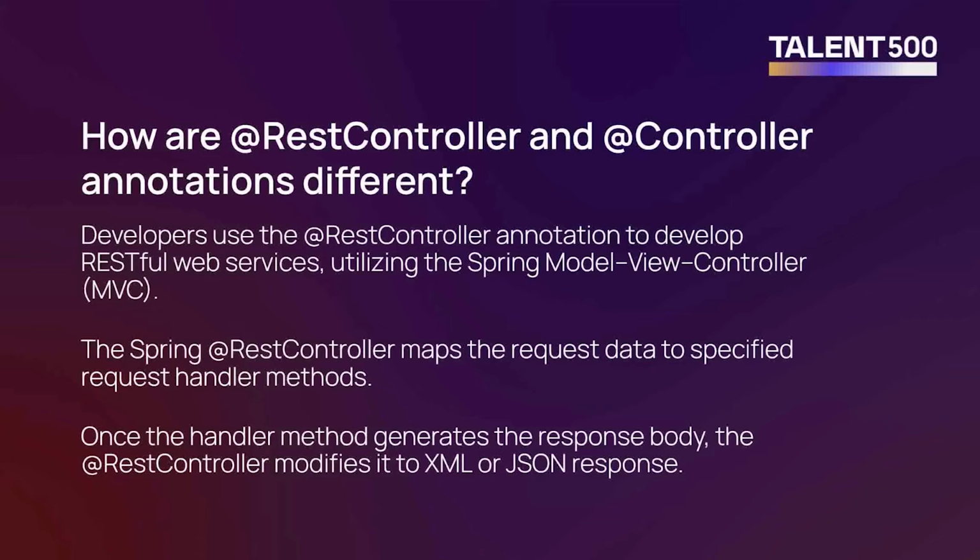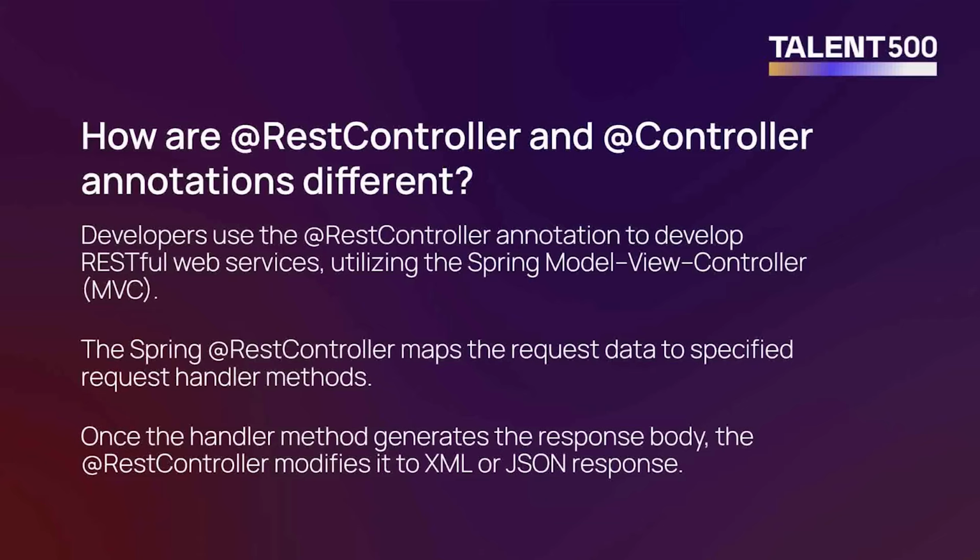The Spring REST controller maps the request data to the specified request handler method. For example, if a request is coming in, based on the data in the request, it is mapped to a particular handler method, and this is what the REST controller does.